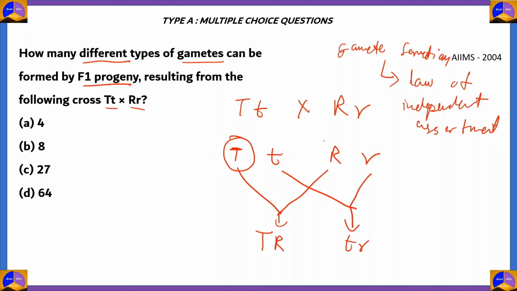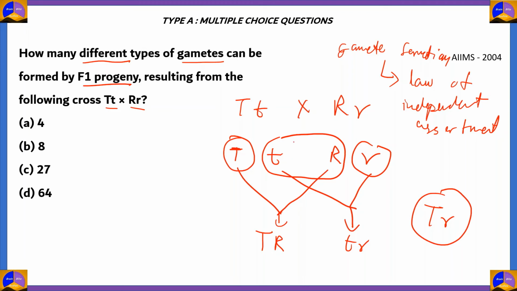We can also have capital T and small r forming another gamete, and we can also form small t capital R. So basically there are 4 types of gametes that are formed here.